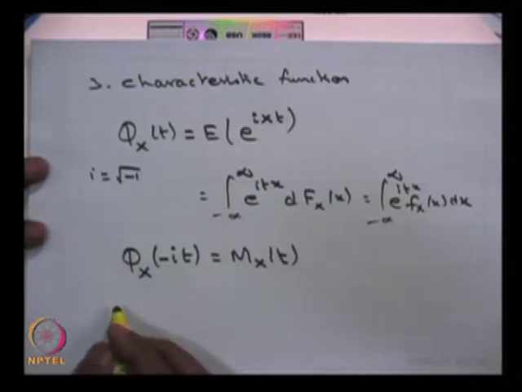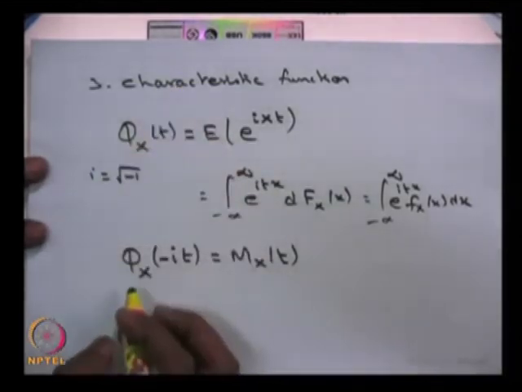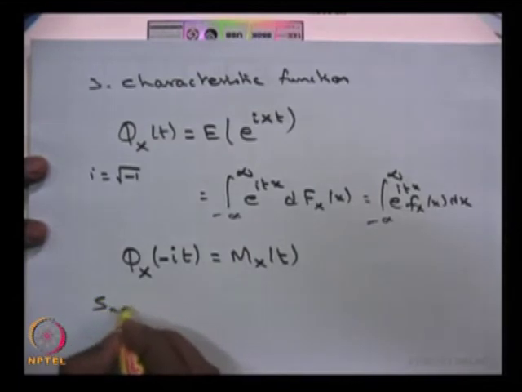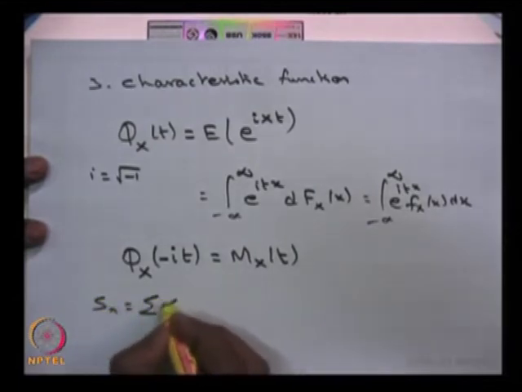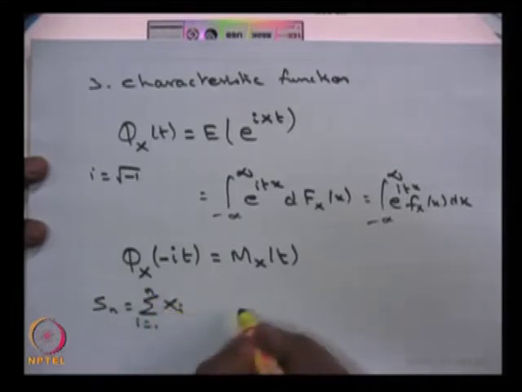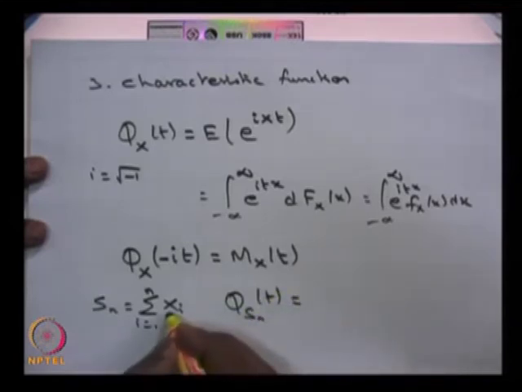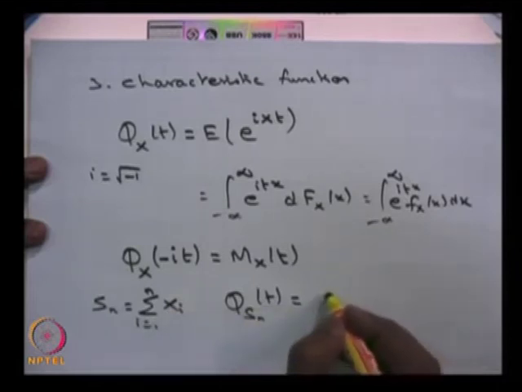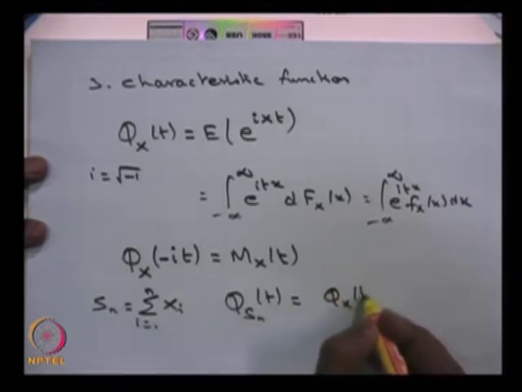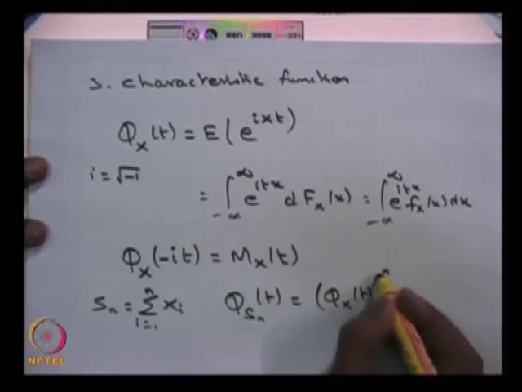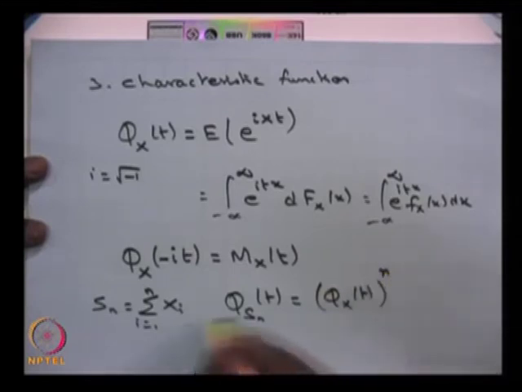Here also we have the summation property: the characteristic function of Sn, the sum of n IID random variables, is the characteristic function of each random variable to the power n.